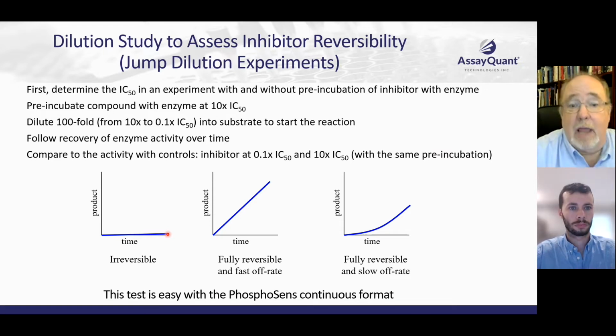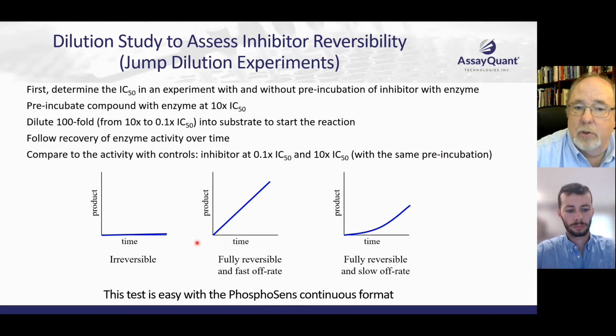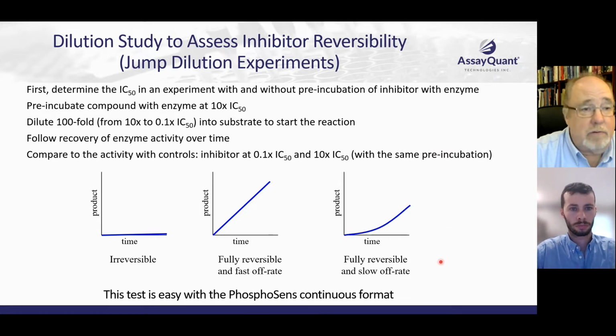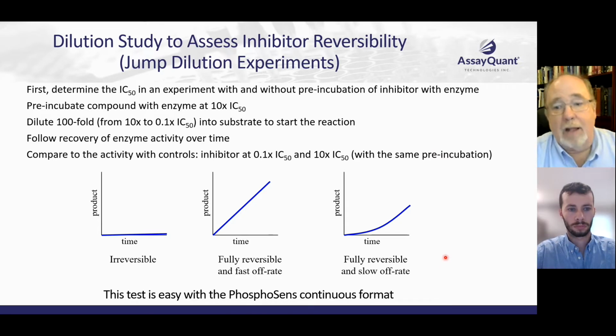If it looks like you didn't do any jump dilution at all, and it looks like a progress curve that you would see if you pre-incubated at 10-fold under the IC50, that means it's fully reversible and it has a fast off rate. And then finally, if you see a slow recovery over time, that means that it is fully reversible, but it takes a while to get there.